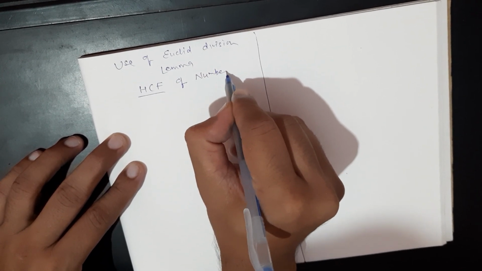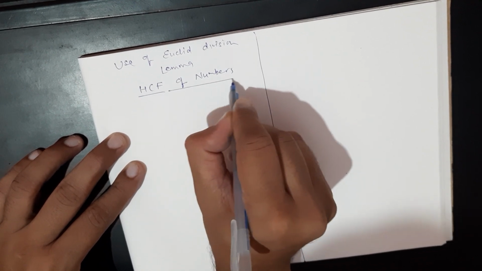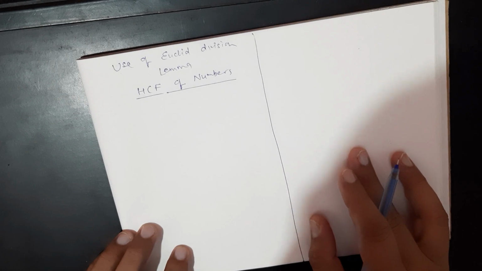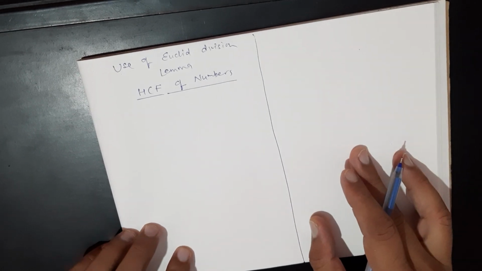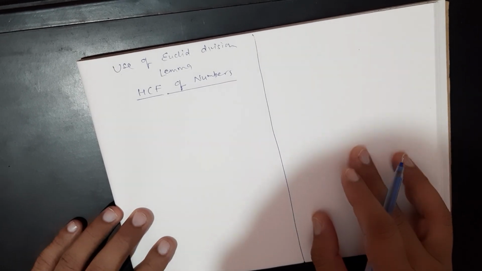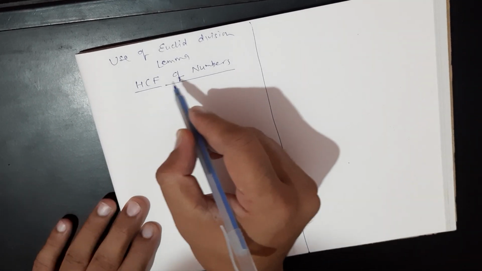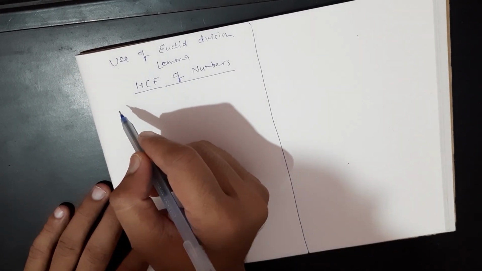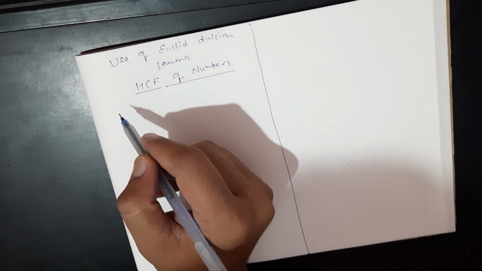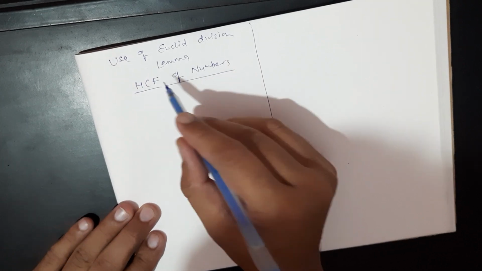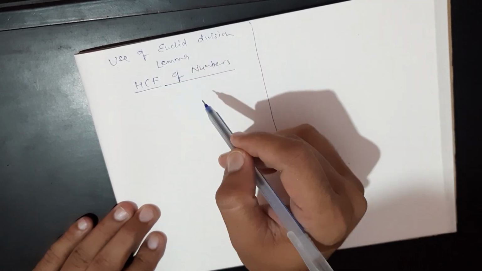Some I told because HCF of 2 numbers can be found out, HCF of 3 numbers can be found out, or HCF of more numbers can be found out by this Euclid division lemma. First, I want to put one example to get the process of HCF by Euclid division lemma.